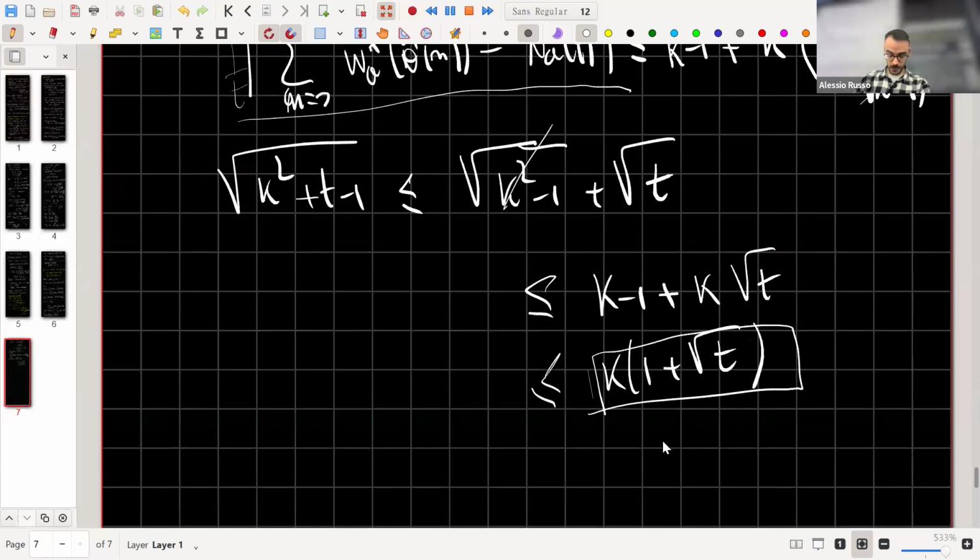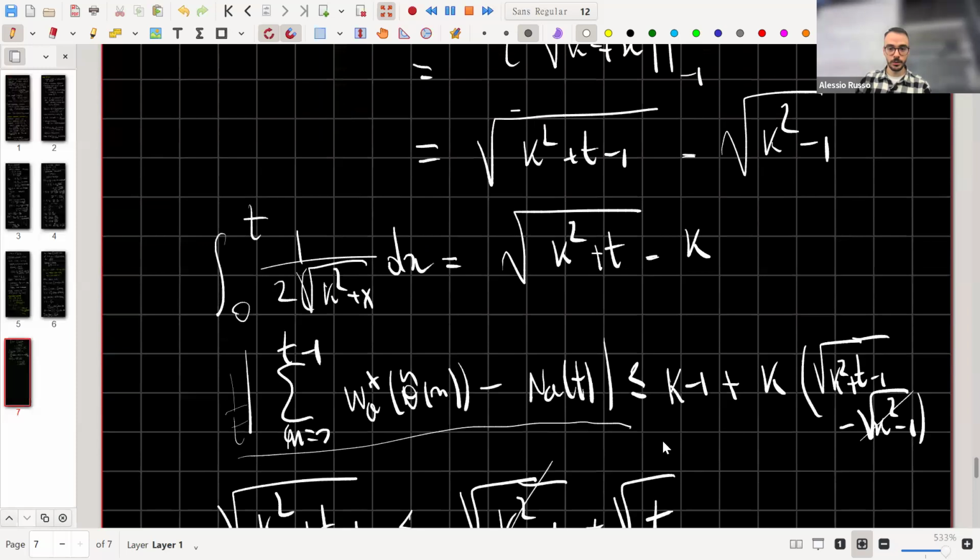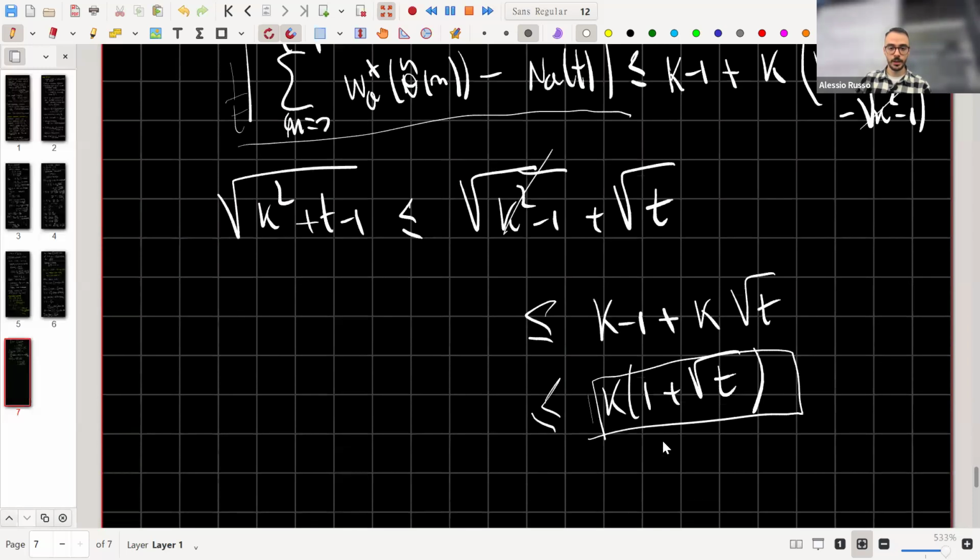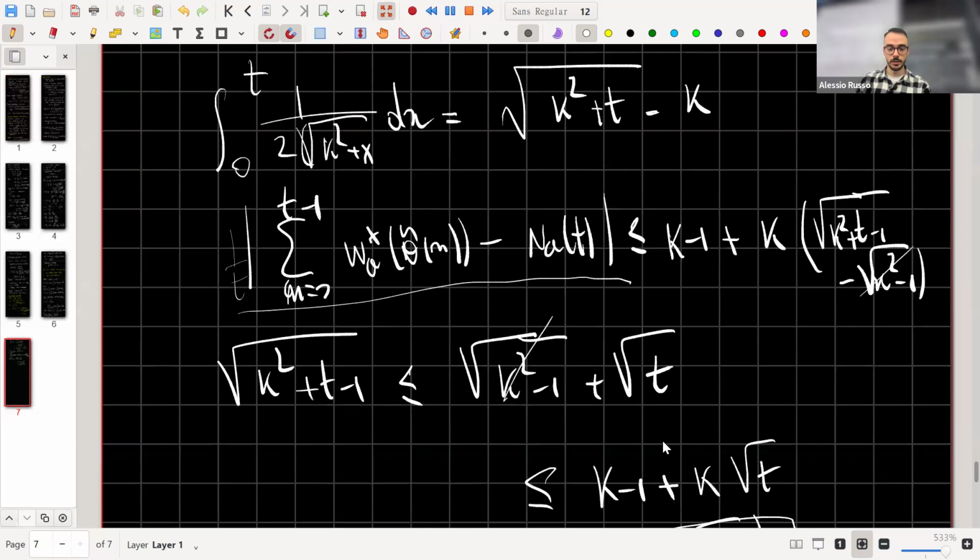The other result I wanted to show was the lower bound on A and AT.